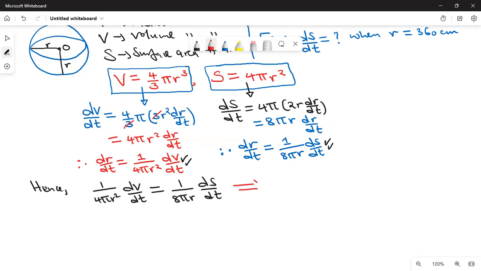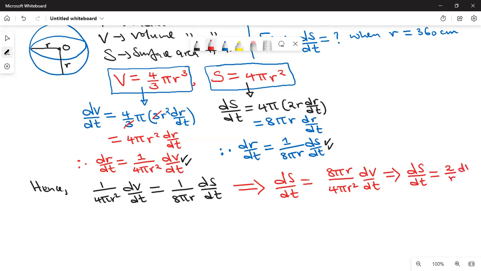So this implies that dS/dt is equal to, I'm multiplying by 8 pi r, 8 pi r over 4 pi r squared dV/dt, which means if I simplify this further, dS/dt is equal to 2 over r times dV/dt. That is the relation between S and V.